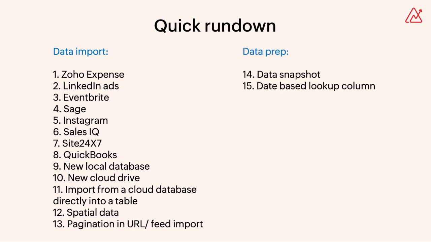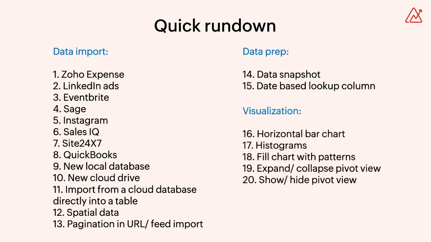Under the data preparation section, we had data snapshot, which helps you to keep track of your historic changes in data. The date based lookup column enables you to establish lookup based on date. Under the visualization section, we had two new visualizations added to our basket of visualizations.